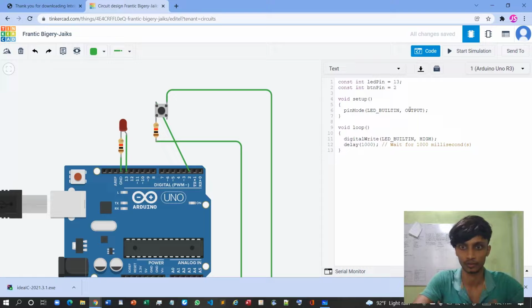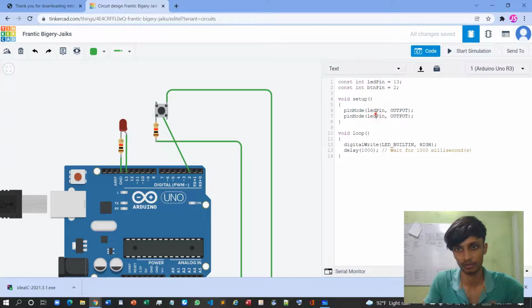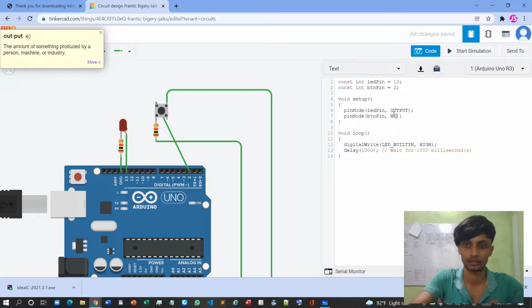The LED pin is output. Likewise, we need an input, which is the button pin. So take it as input.